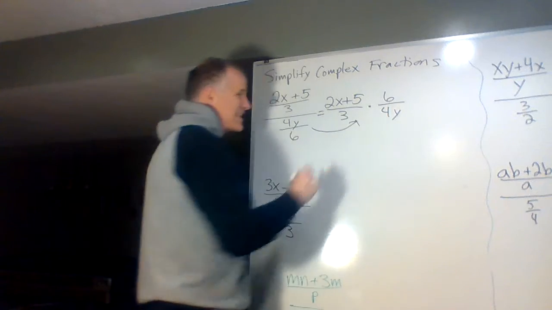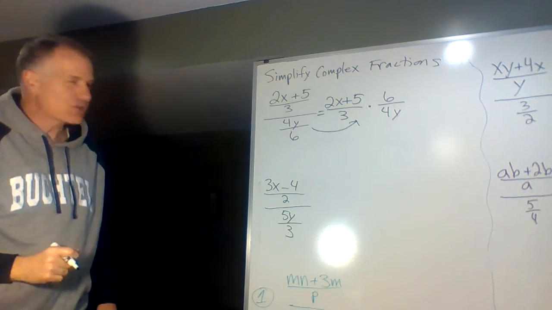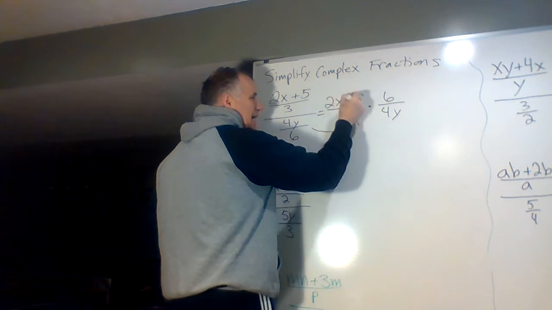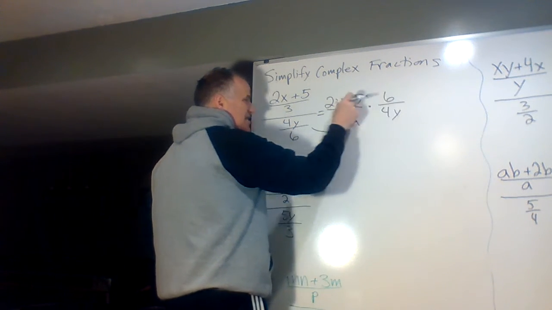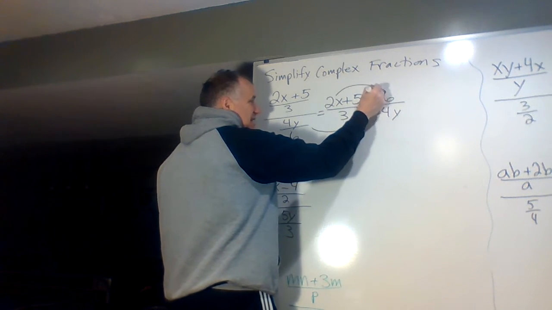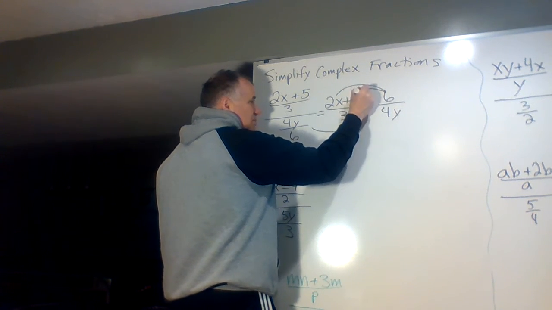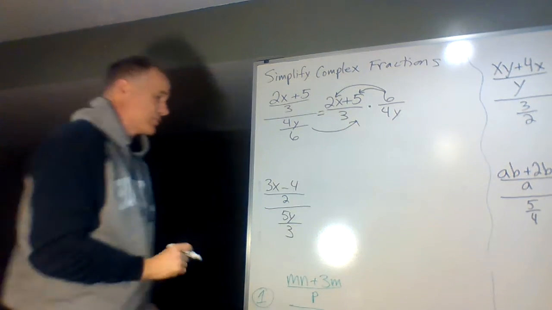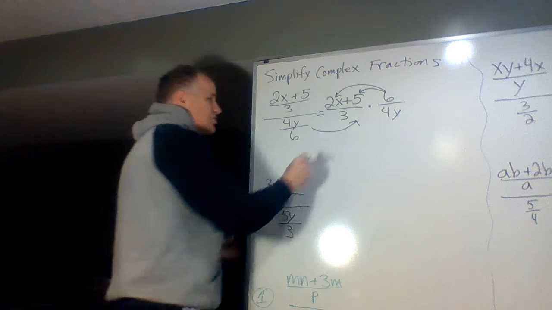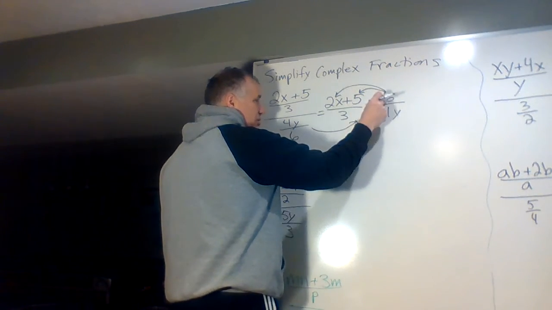Now, we actually did some of these the very last day we were at school. Because I have a binomial times this 6, that 6 has to distribute to both of those, which is a little bit of a challenge. So not just 6 times the 2x, but also 6 times the 5.